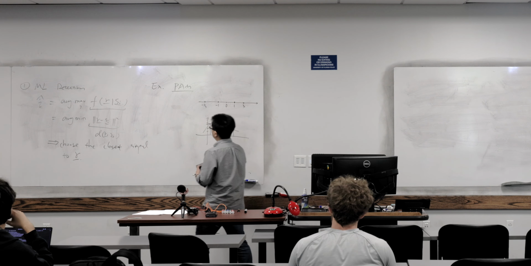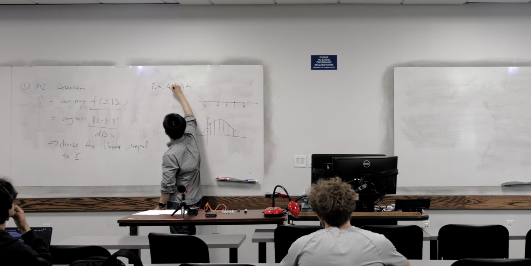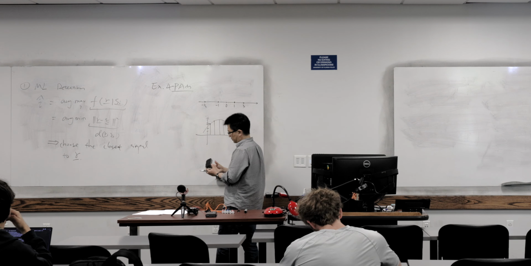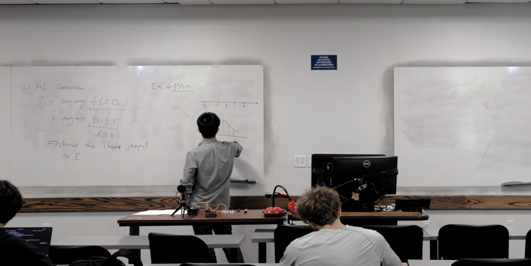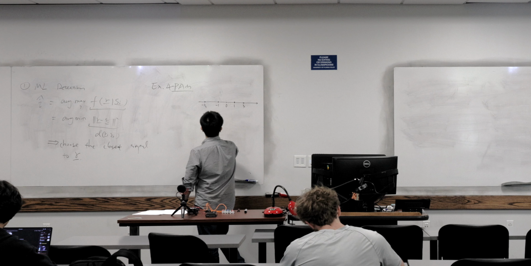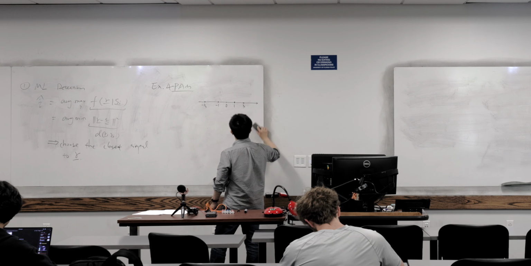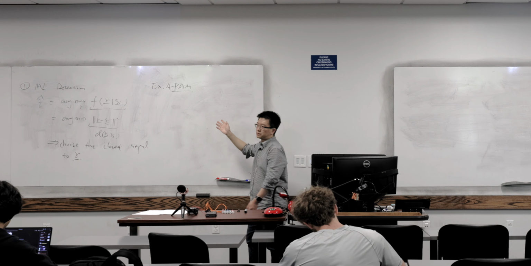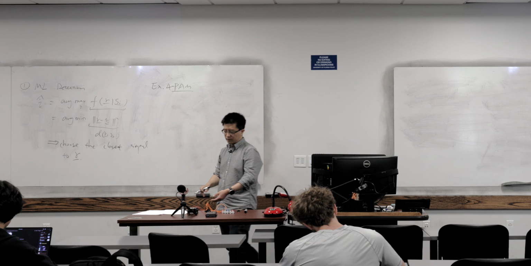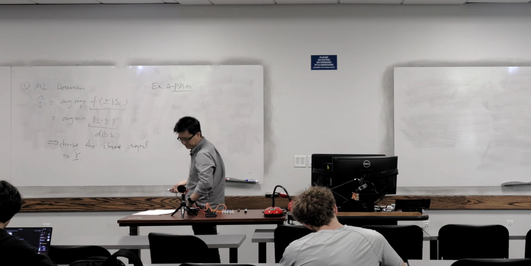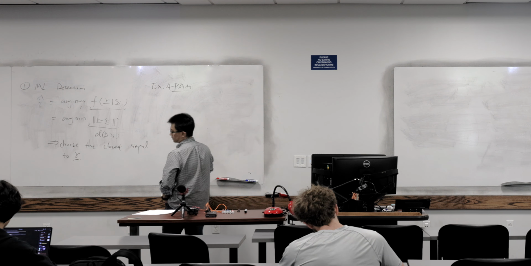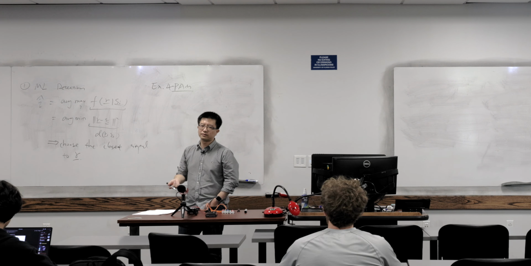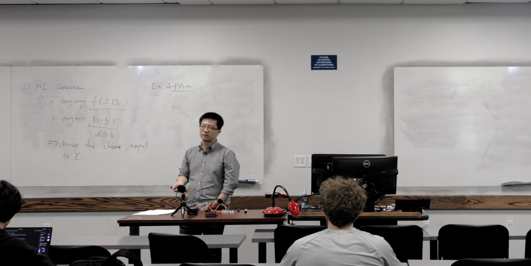Okay, so in particular, we're going to consider 4-PAM. In this case, you can see that all signals should be in a line, right? So can you imagine how many base functions we have?